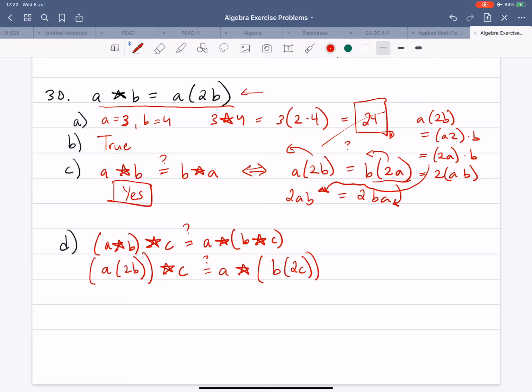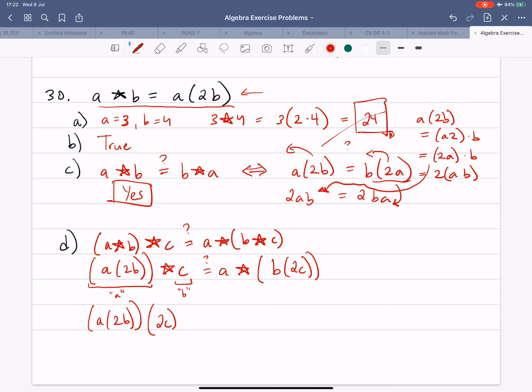This A times 2B star C is going to be, I'm going to substitute this in for A and this in for B. So that's going to give me A times 2B times 2C.